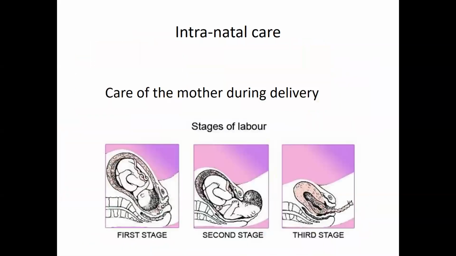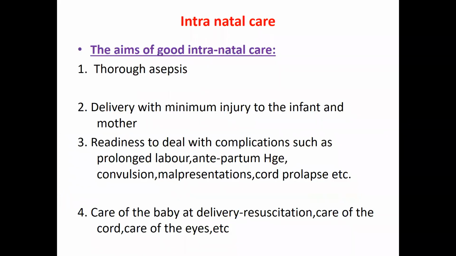What is intranatal care? During delivery, we know there are 3 stages of labor. During these 3 stages, the support and care that we provide is called intranatal care. And the aims, you can go through it for your understanding.